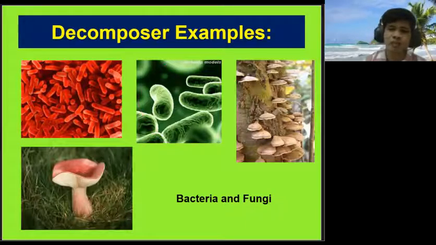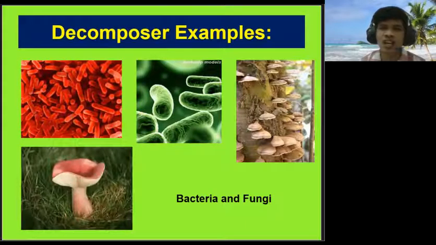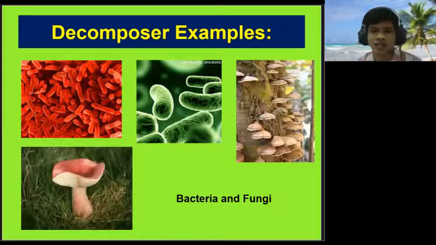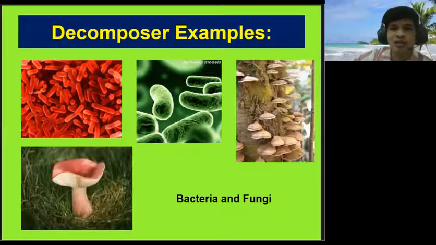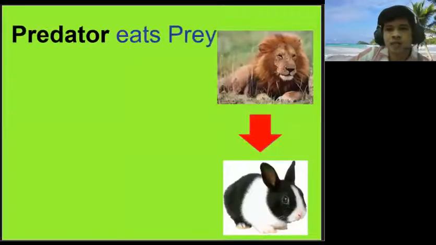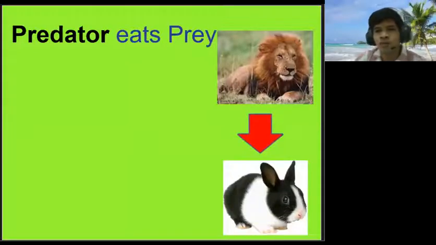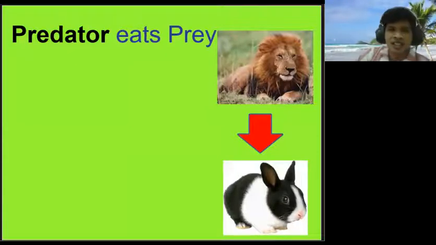Next, there's a special type which I believe you already know, we have studied this already. We can also classify them as predator and prey. When we say predator, it eats prey.